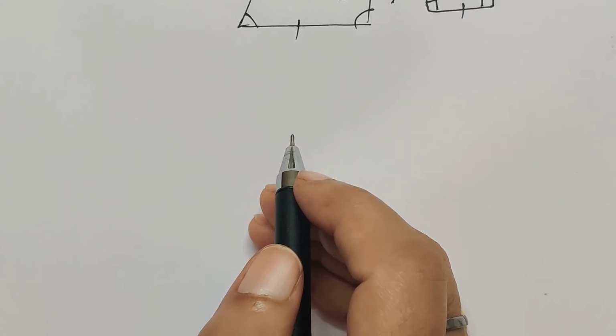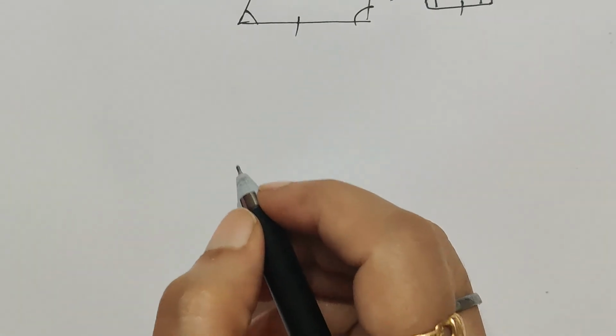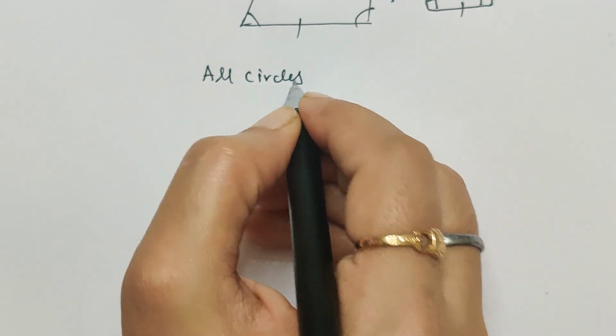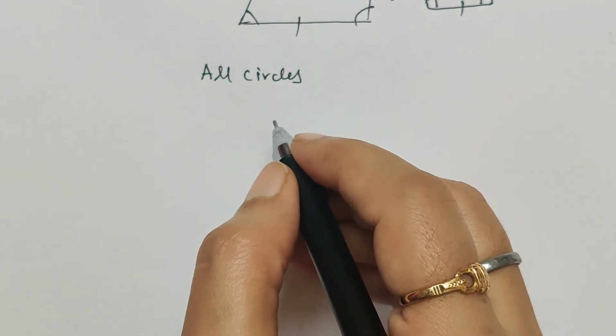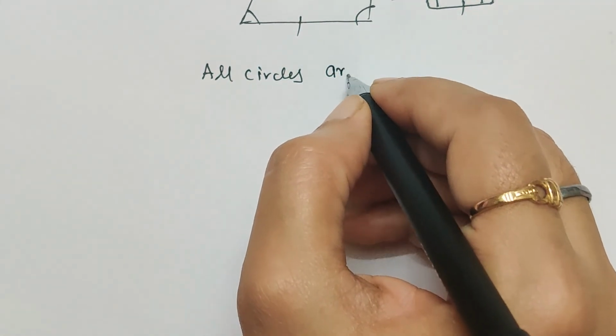Only then are two triangles or any regular polygons similar. So if I talk about all circles, are they similar? Yes, all circles are similar, because for similarity we are not bothered about the size but the shape. So all circles are similar.